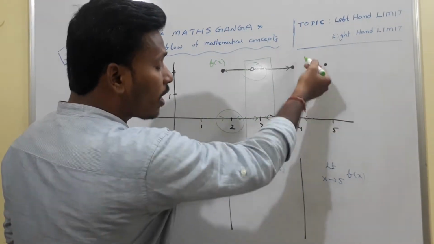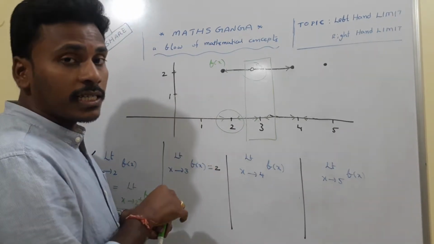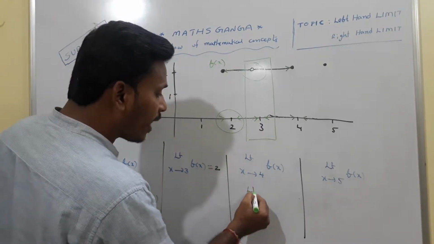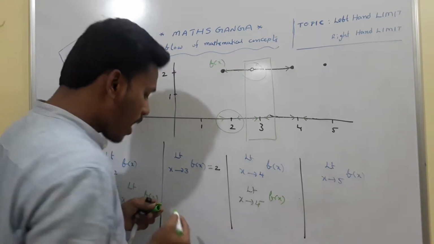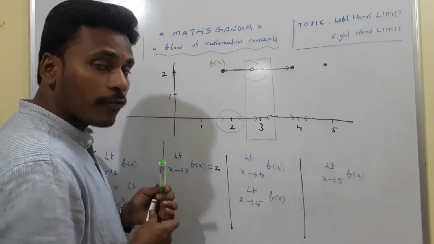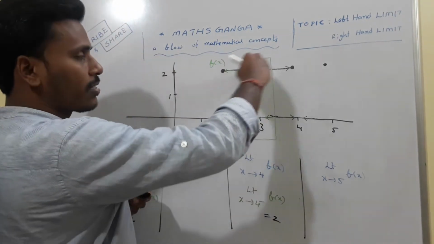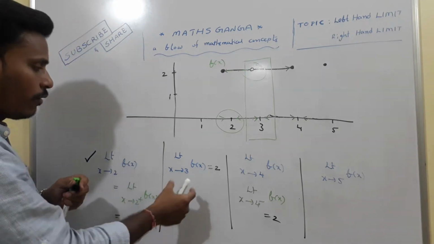Since the function is not defined in the right side region, the left limit is directly considered as the limit. So limit x tends to 4 f of x is directly equal to limit x tends to 4 minus f of x, and that value is 2. Here the graph is a constant graph at 2 and somewhere it's breaking, so always we found the limit as 2 only.